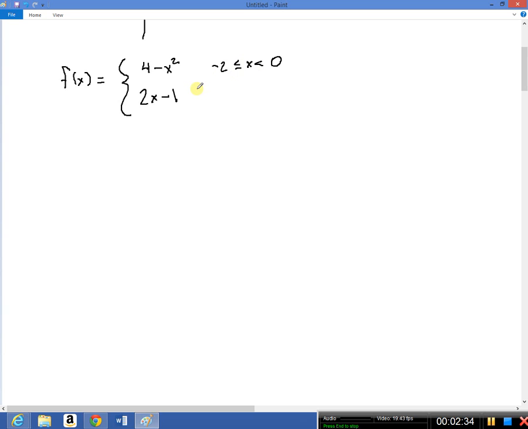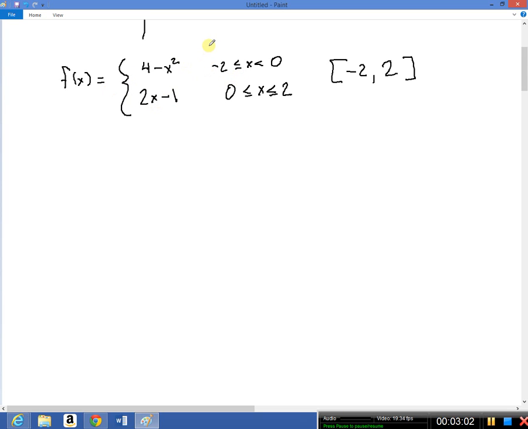And then from 0 to 2 inclusive, we have this. So the domain of this function, I can plug in any number from -2 all the way to 2. See, any x, including 0. If I plug in 0, I have to use this formula for the definition.